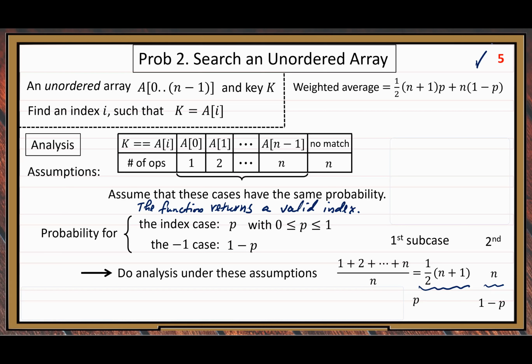If we use this number, this expression, to measure the overall efficiency, then it's the best. Think about that. It's the best way because we consider all the possible cases and put them together in a fair way.